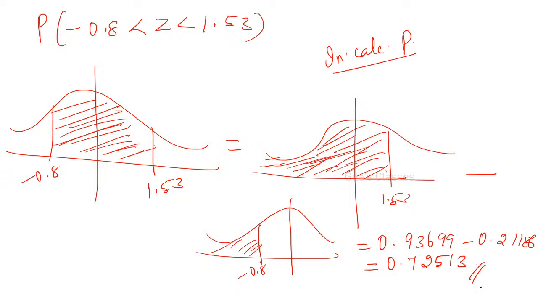Understood all of you? Now using this, very simple. The next one is very, very easy. P of Z less than minus 2.52 plus P of Z greater than 1.83.